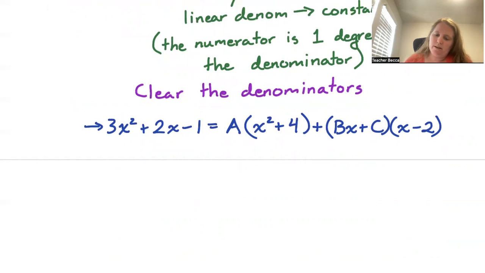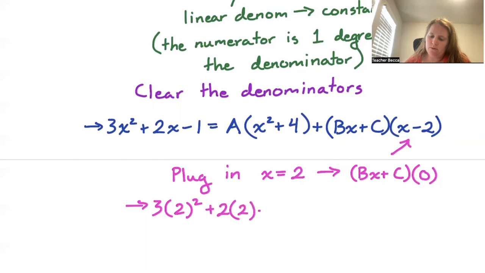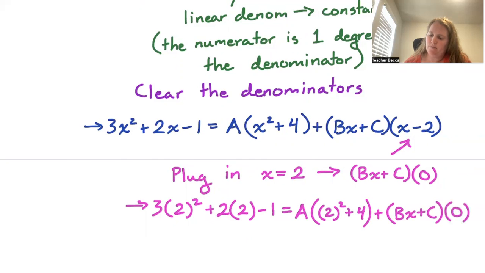So if we plug in x equals 2, then we'll have bx plus c times 0. And so we get 3 times 2 squared plus 2 times 2 minus 1 is equal to a times 2 squared plus 4 plus bx plus c times 0.